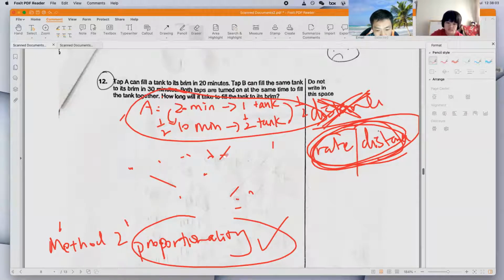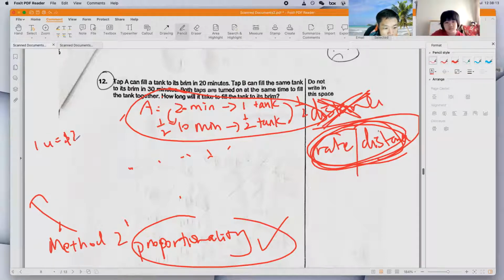Let's say 1 unit is $2, then 2 units is $4. This is proportionality, which you have learned before.